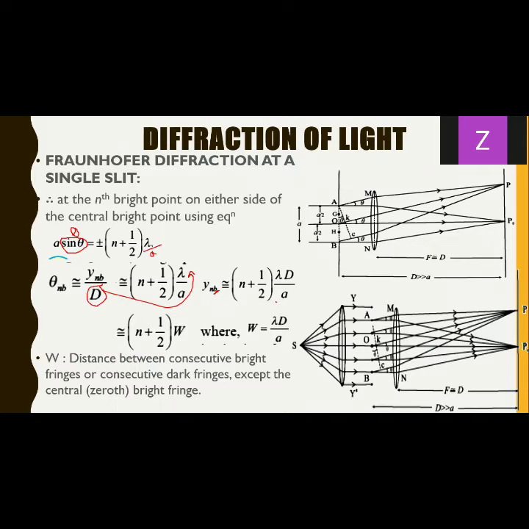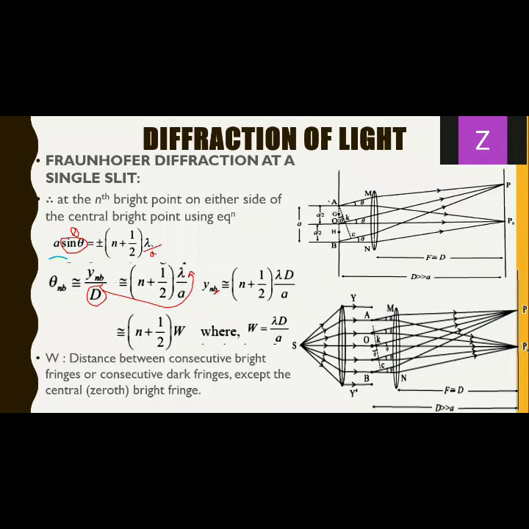For the nth bright point, lambda is the wavelength of light, capital D is the distance between the slit and the screen, and a is the width of the slit itself. Here the slit is AB, where a is the width of the diffracting element. Clear? Any doubts in this?